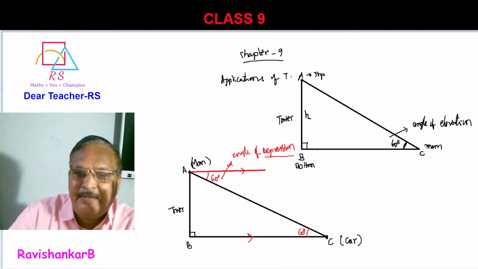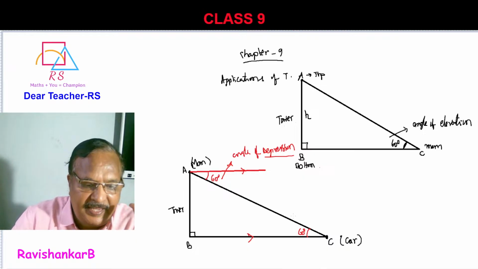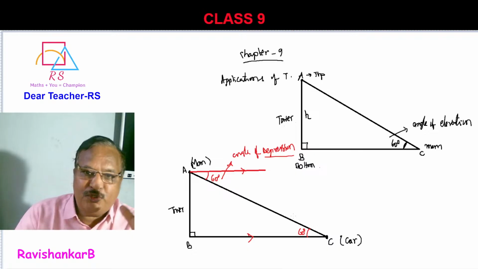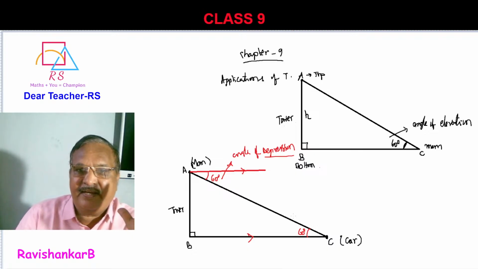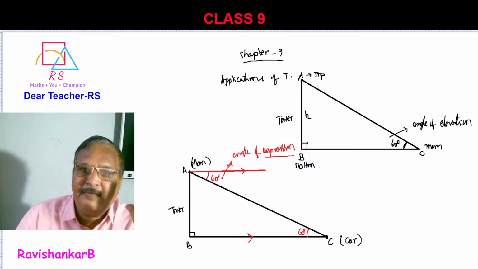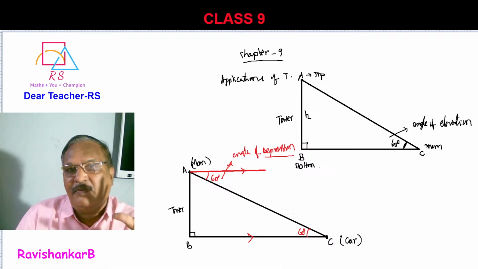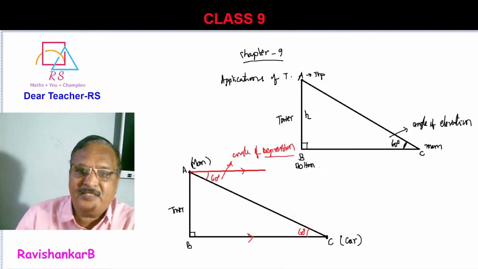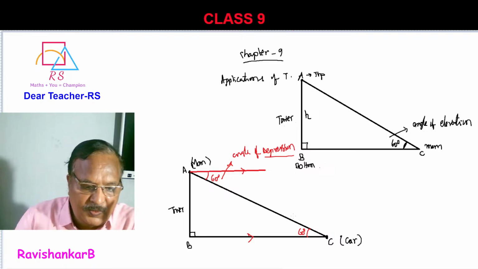Now this angle ABC is 60 degrees. You have to remember a triangle. Make a good diagram of the story, and then from the diagram you apply the concepts. So this is how applications of trigonometry works.